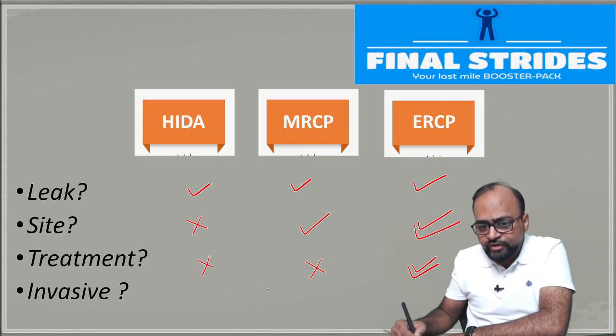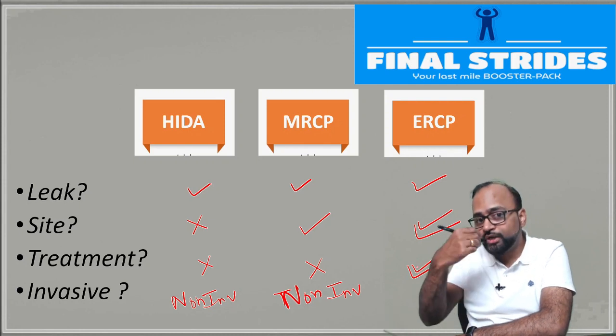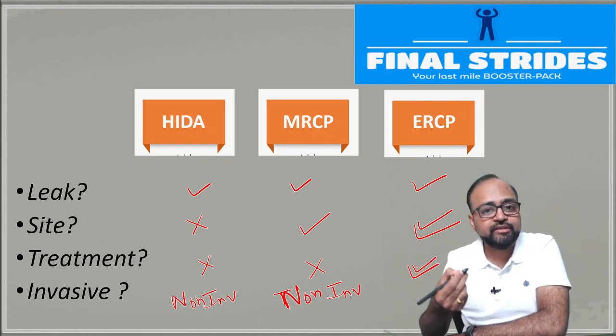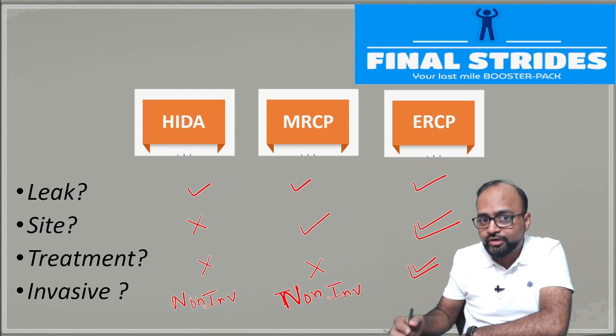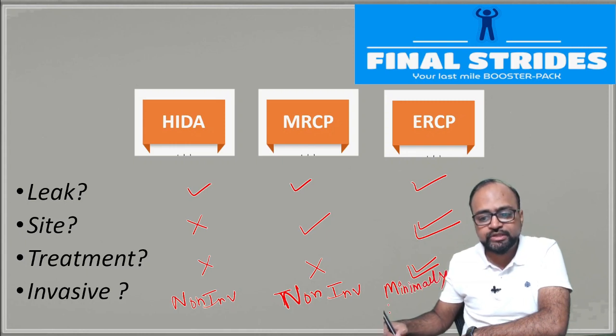Which of these is invasive? HIDA scan is absolutely non-invasive. MRCP is also non-invasive. But for ERCP, we have to do an endoscopy, then cannulate the ampulla and then inject contrast. I would not say it is actually invasive, but because it is an endoscopic technique, you can say it is minimally invasive.